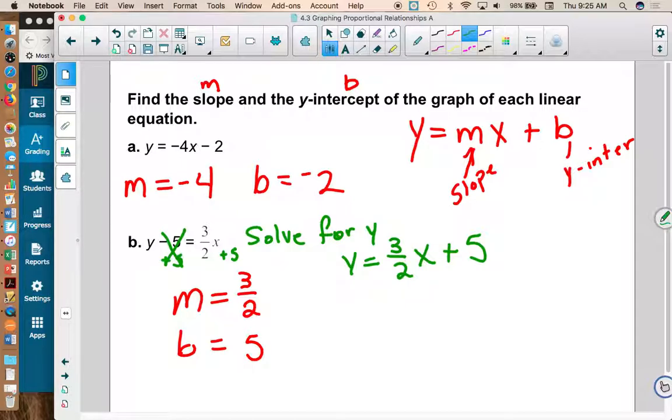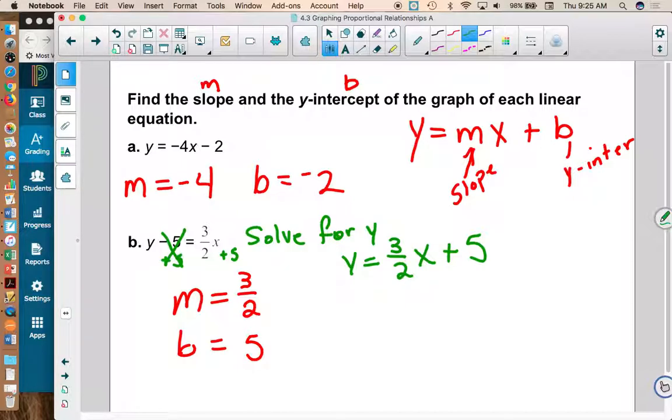Okay? Olivia, how about a different color? That way she can see what she did. You would go up, y-intercept. That's the first thing that you want to do. So it would be 5. And then you go up 3. And then over 2.